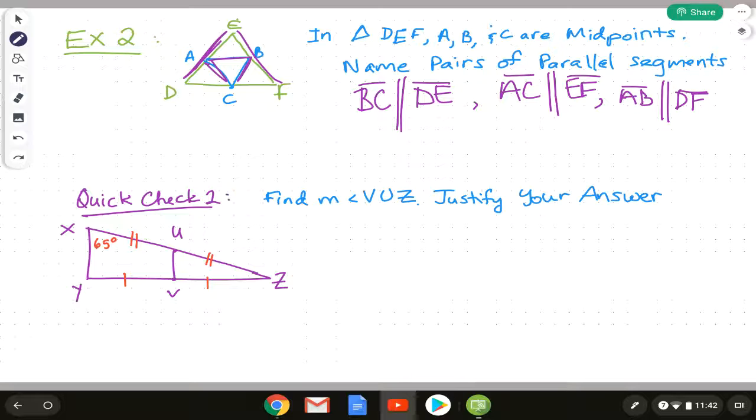Okay, now try quick check 2. You're given a triangle, and they're asking you to find the measure of angle VUZ, which is here, and justify your answer.